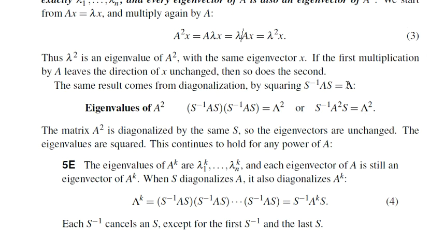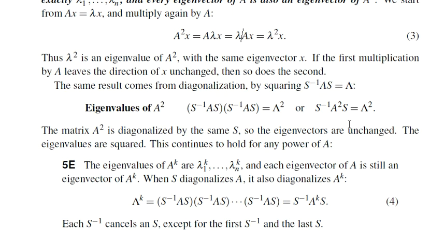We get the eigenvalues on the diagonal of this matrix when we have S inverse A S. Hence, if we know the eigenvalues and eigenvectors of A, then we know how to construct S, and as S is there, S inverse also. And we have the diagonal matrix, that is lambda.